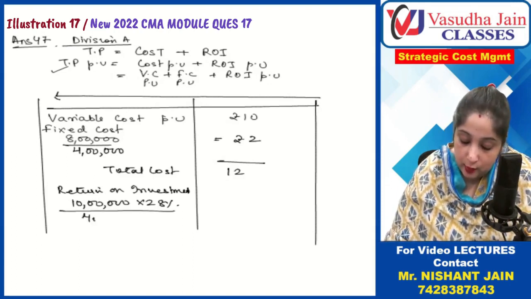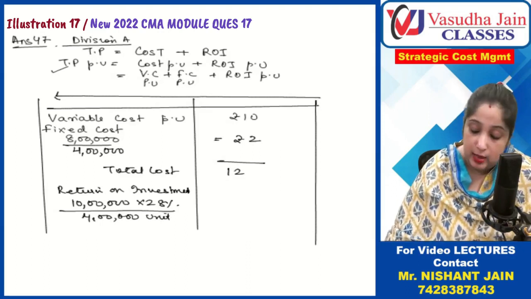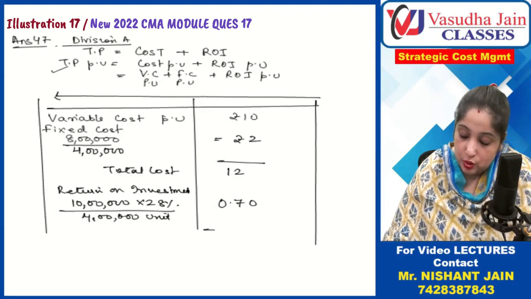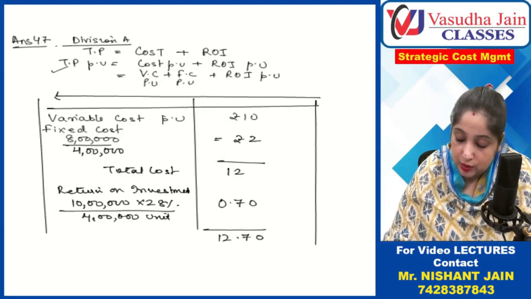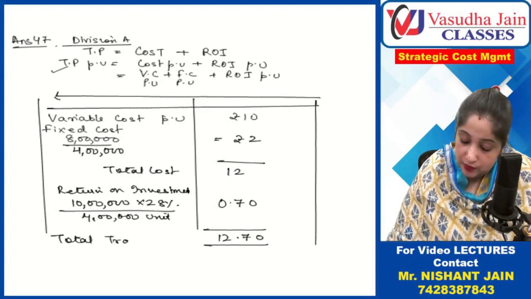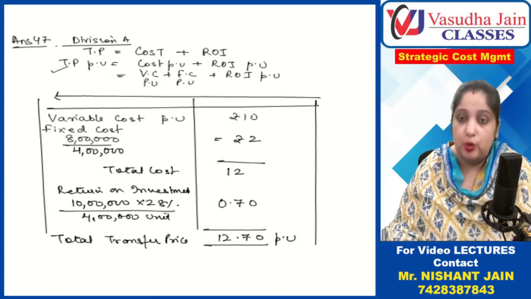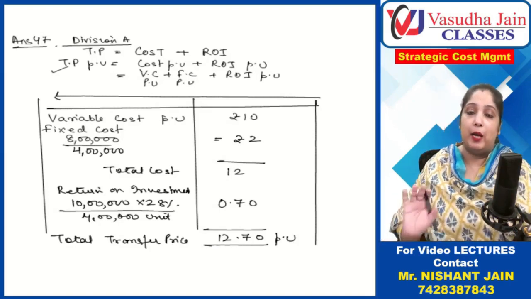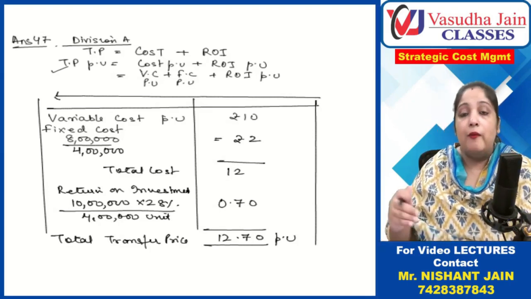On how many units? 4 lakh units. So per unit, how much is it coming? It is coming 0.70. So in total, this is the transfer price per unit you have to charge from the other department. Such a simple working it is.